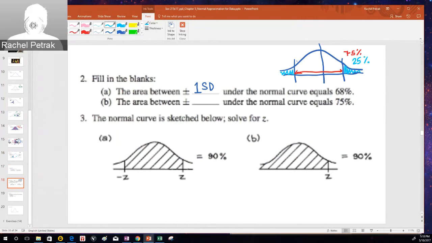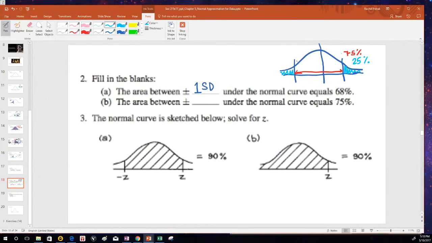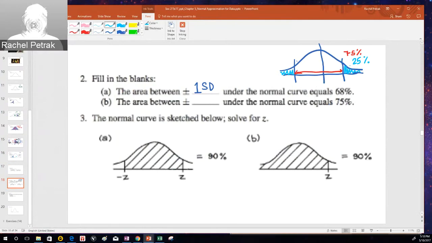So we could find this a couple of different ways. The one that comes to my mind most readily would be to take 75% and split it in half, because this is centered on the distribution.